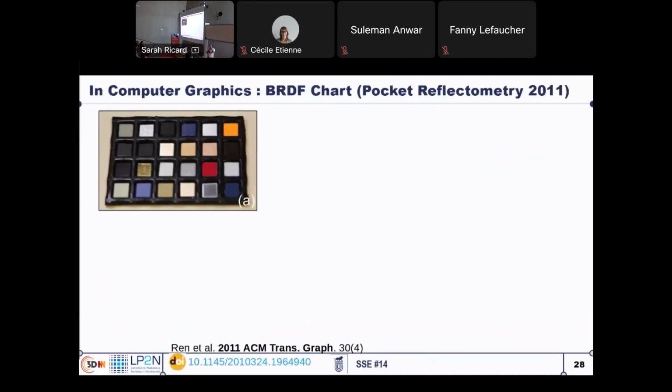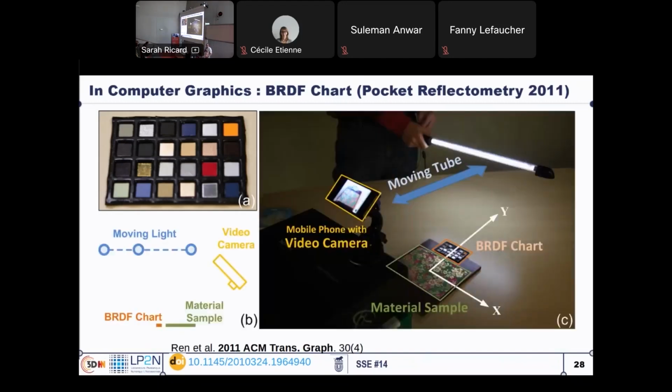There was another paper that was using what they call a BRDF chart. So instead of a chart, use a BRDF chart with well-known BRDFs that have been characterized. And they acquire at the same time this BRDF chart and the samples that they want to measure.